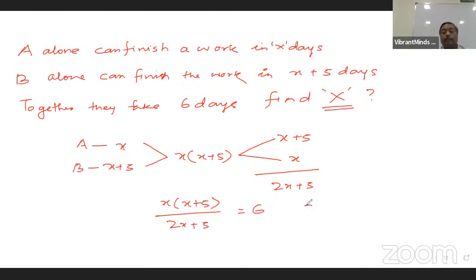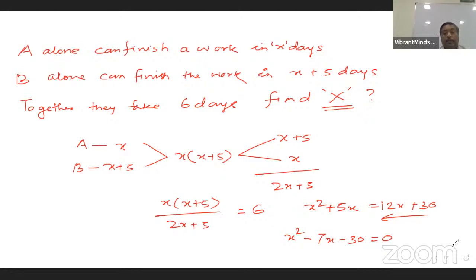Let's solve it. This is x square plus 5x, and this is 12x plus 30. Let's take both here. X square minus 7x minus 30 is equal to 0. Quadratic equation, you know how to solve it.